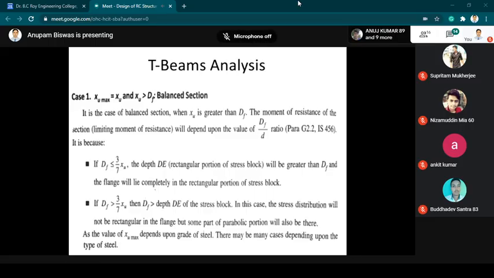It will be outside the rectangular portion, with some part on the parabolic portion of the stress diagram.